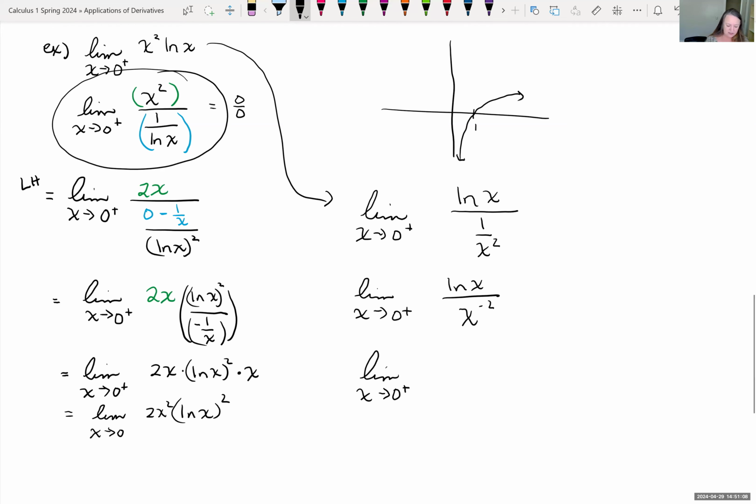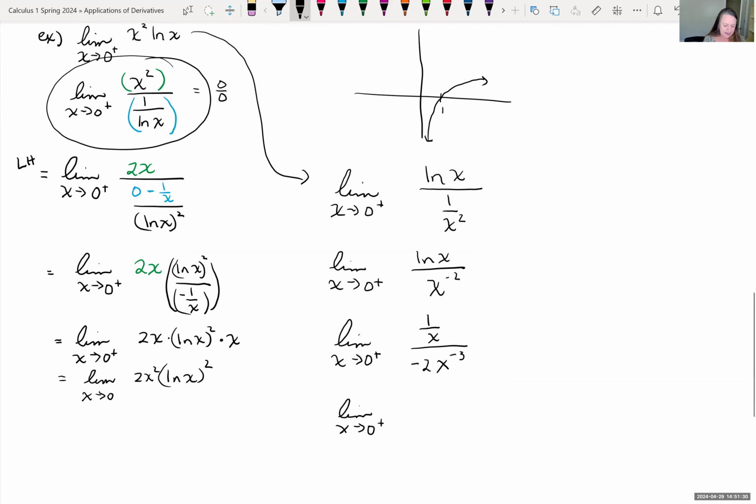So bringing down the limit. The derivative of our numerator, ln of x, is 1 over x, all divided by, let's bring our power down, negative 2x to the negative 3rd power. So the limit as x is going to 0.